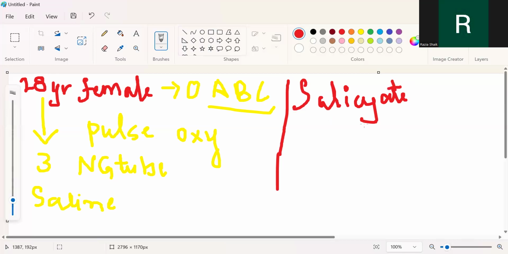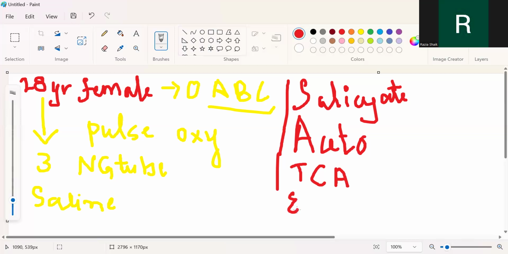One is salicylates, another is acetaminophen, with the nomogram for toxicity. Then go with TCAs, tricyclic antidepressants, being one of the most common causes of overdose. And finally, the most important, the ethanol serum concentration.